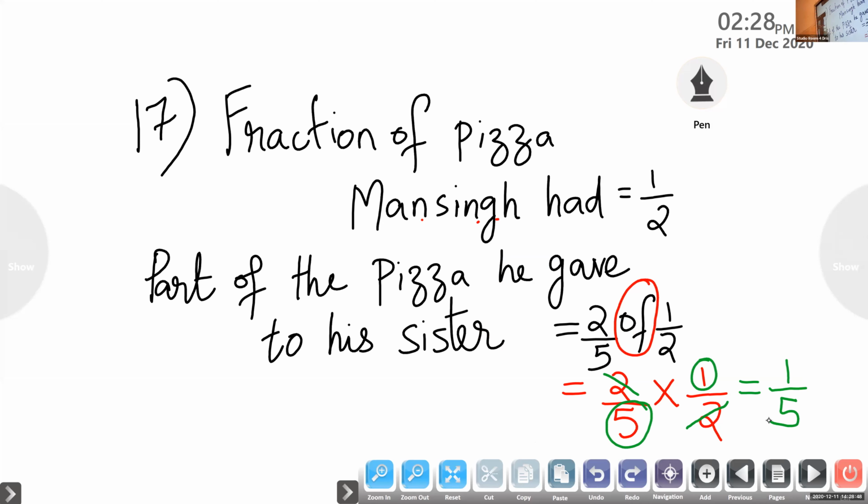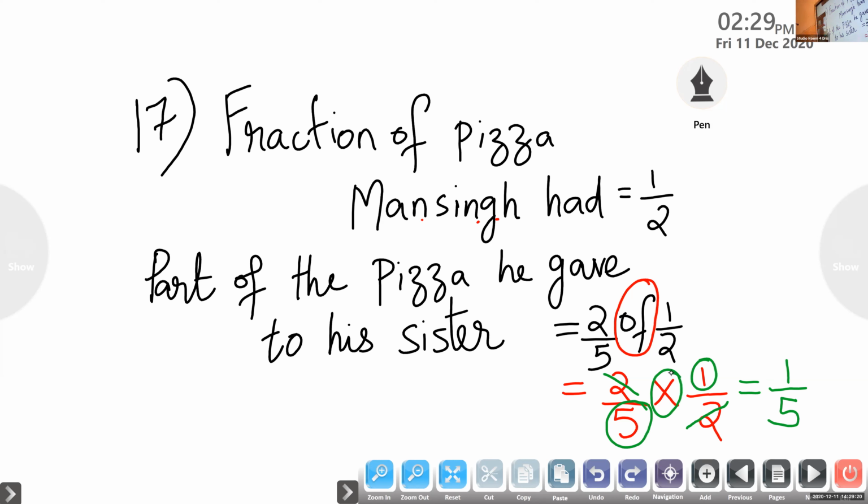Here, the only thing you have to remember is that the fraction of pizza Mansingh had is 1 by 2. He is not giving 2 by 5. He is giving 2 by 5 of 1 by 2, because he has 1 by 2. So look at the question again. He gave 2 by 5 of his share, so his share is 1 by 2. So 2 by 5 of 1 by 2. Instead of "of", you can write multiply.